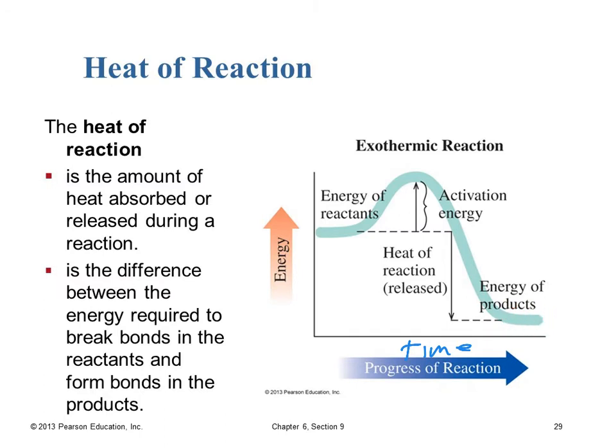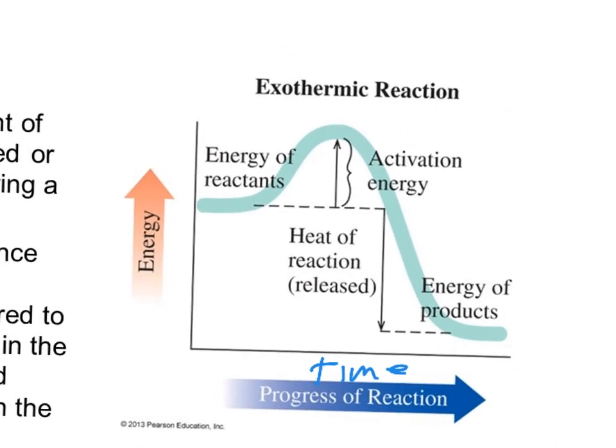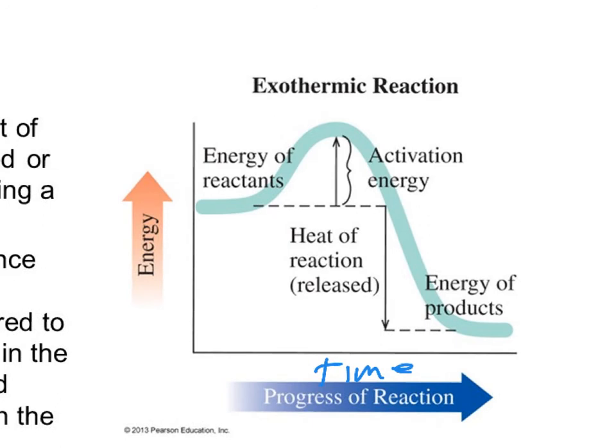If we were to apply it to our reaction that we just witnessed here, we'd have our 2 moles of hydrogen and our 1 mole of oxygen over here represented by this line.